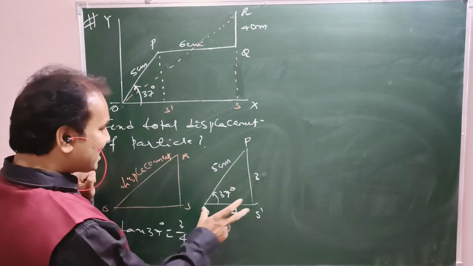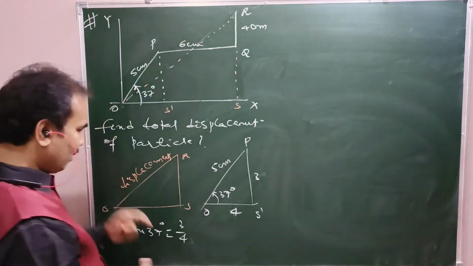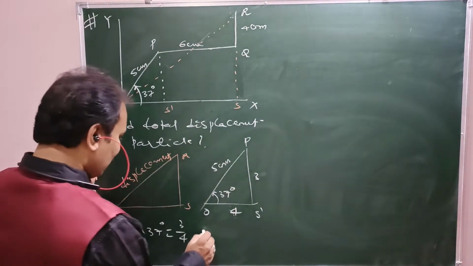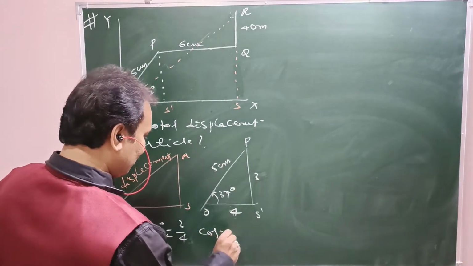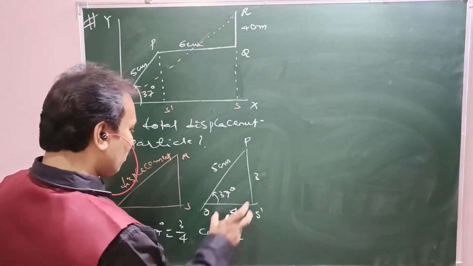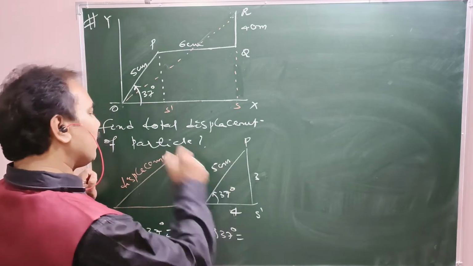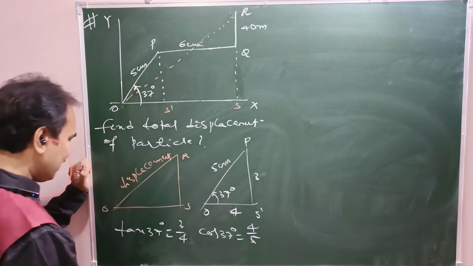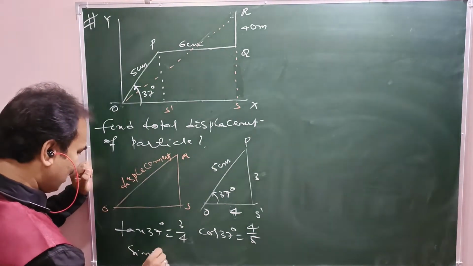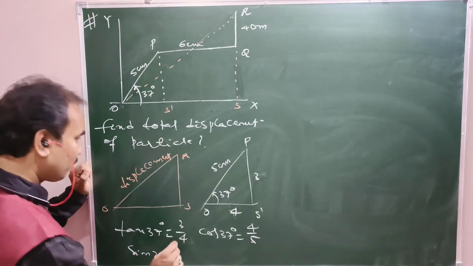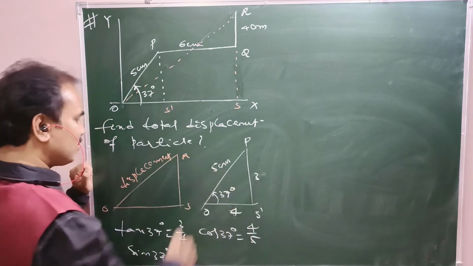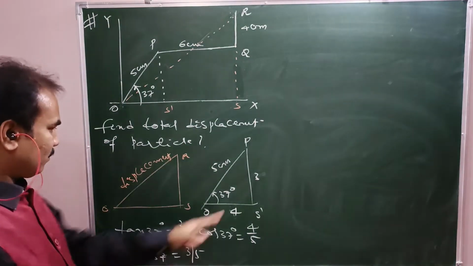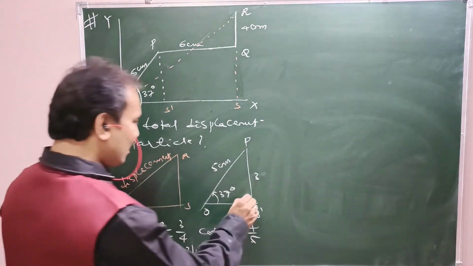Similarly, cos 37 equals 4 by 5. These are round figure values, noted values. Cos 37 is adjacent side by hypotenuse, that is 4 by 5. Similarly, sin 37 is opposite side by hypotenuse, that is 3 by 5. Of course, here 90 degrees.